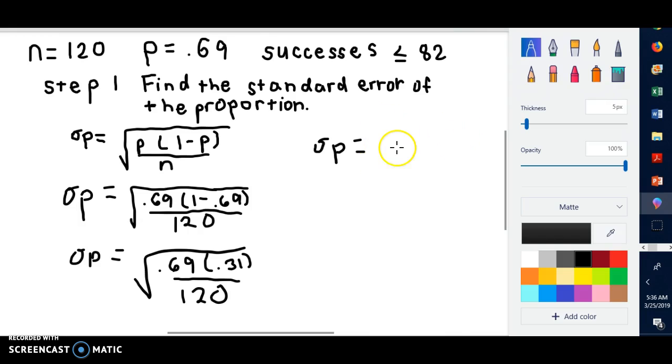So in the numerator, we are going to have 0.2139, and in the denominator, we would have 120.